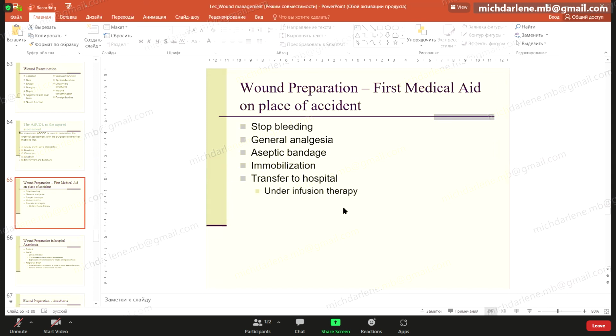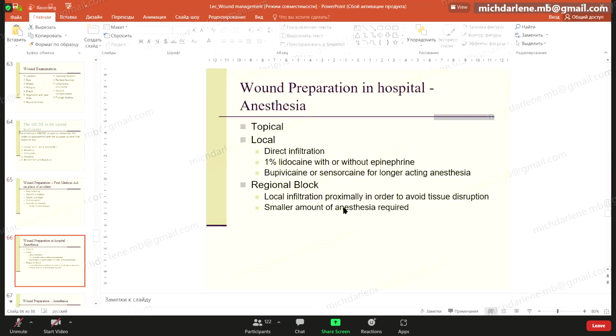Why don't we clean this wound here? Because maybe the general condition of your patient is not so stable. That's why the doctors in the admission department clean this wound. We don't talk about the fact that the wound may have some contamination with bacteria. We understand that the presence of these bacteria for a few hours in this wound is not so dangerous for our patient.